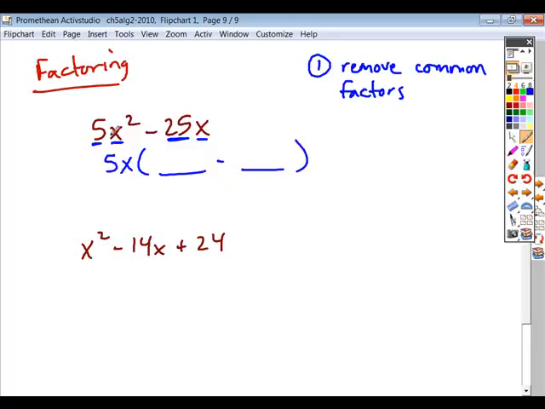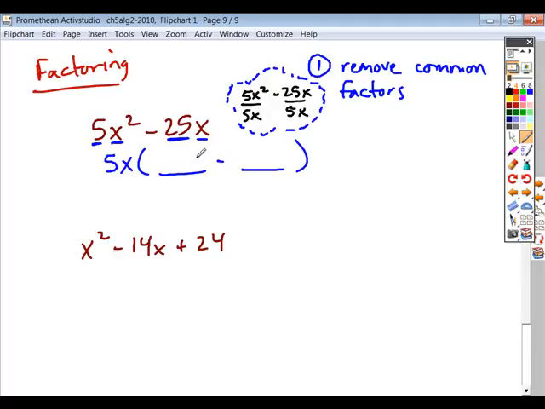When we remove a common factor, you're basically going back into the original expression and dividing each individual term by whatever you factored out. Here's a thought cloud for what you're doing. You're taking 5x squared minus 25x, and dividing each term by that common factor that you're removing.